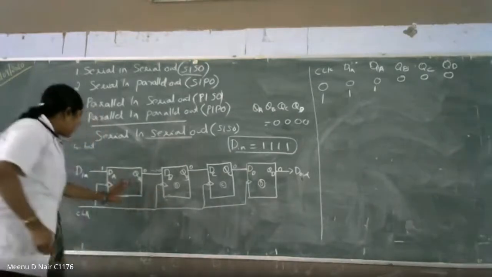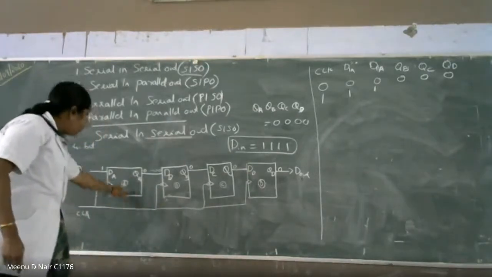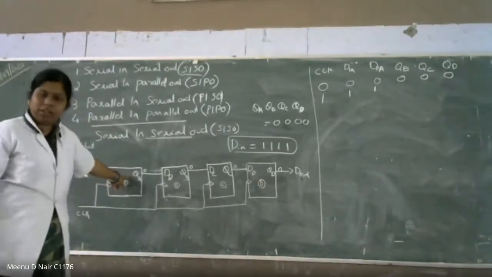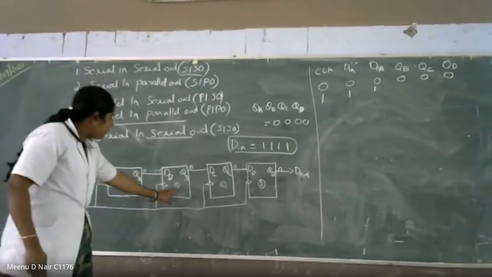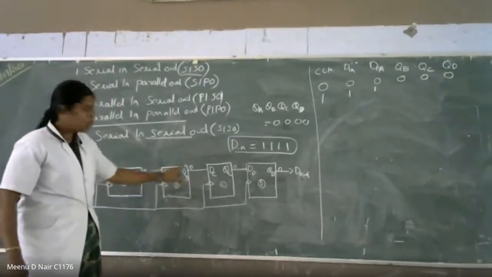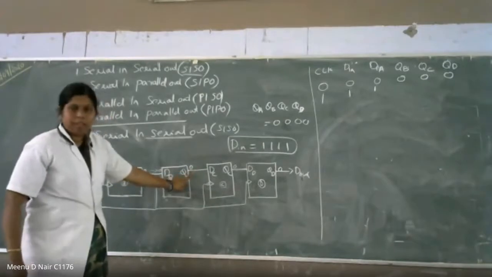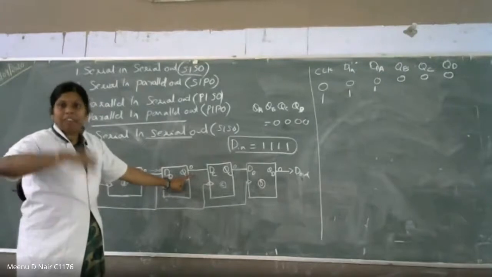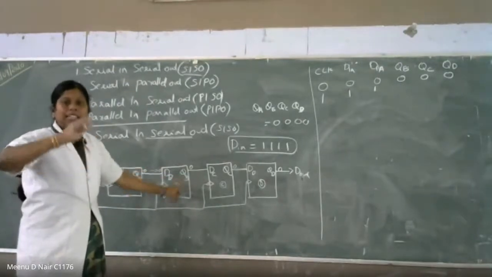So while considering the A flip-flop, it has the input as 1, so your QA is equal to 1. But at the same time, while considering B, its input was 0 only, right? So what about the output of QB? It is not happening after that. Okay, everything is happening at the same time.